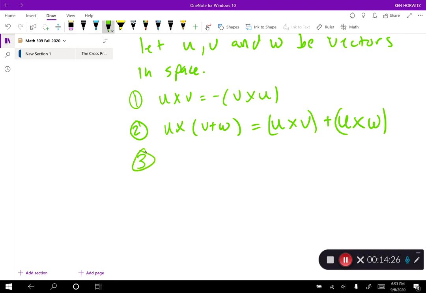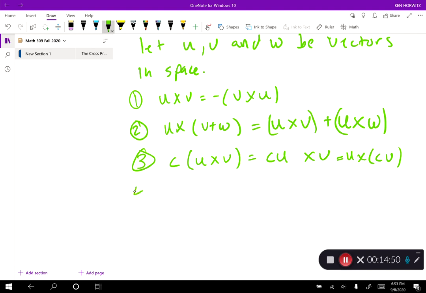The third, c is our scalar, c times u cross v equals c times vector u cross v, which equals u cross c times vector v.